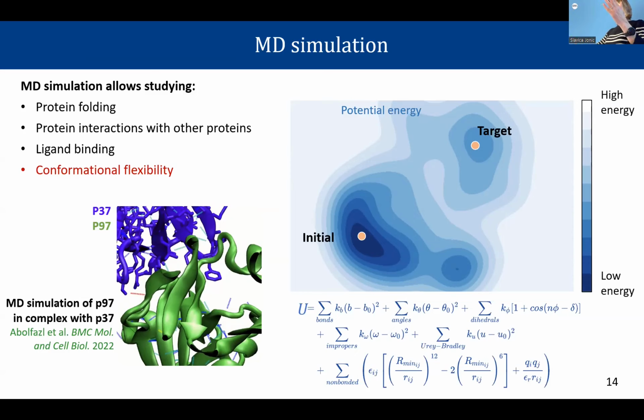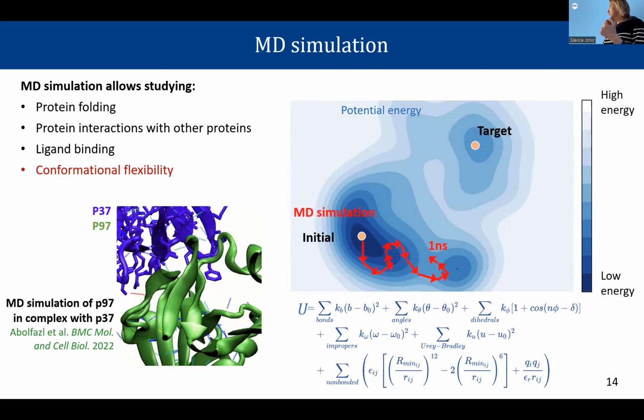Dark blue here means low energy, but you can understand it as more probable or more stable states.